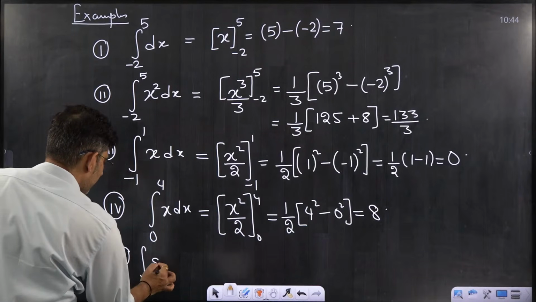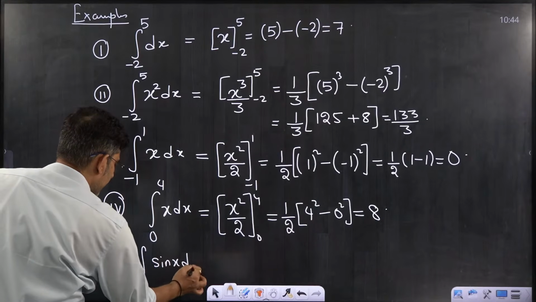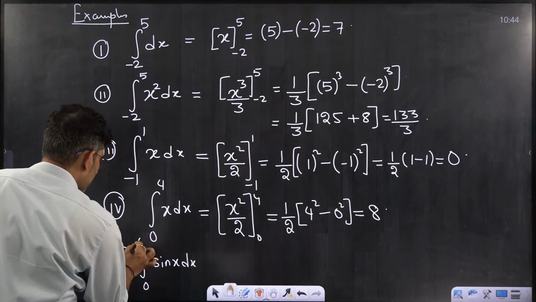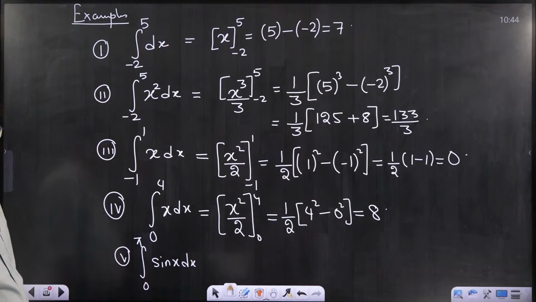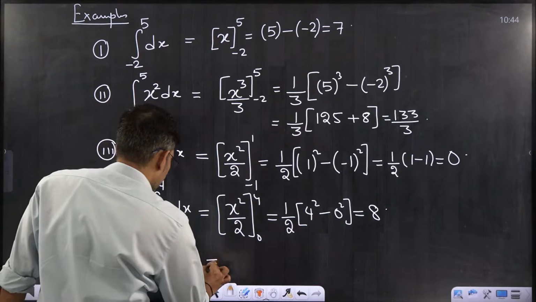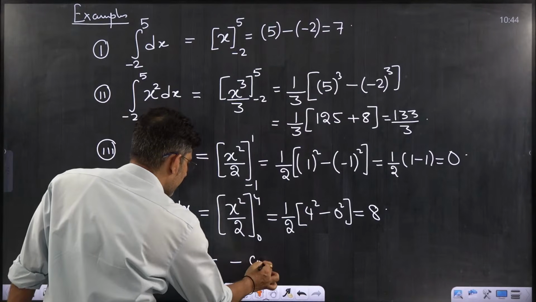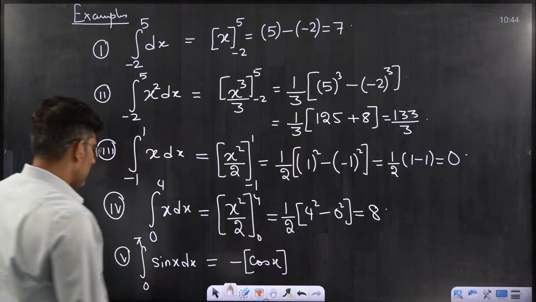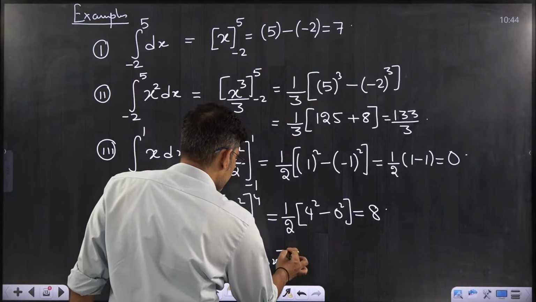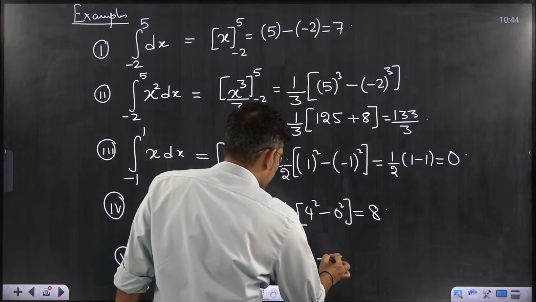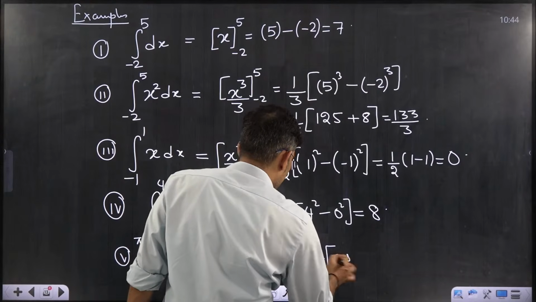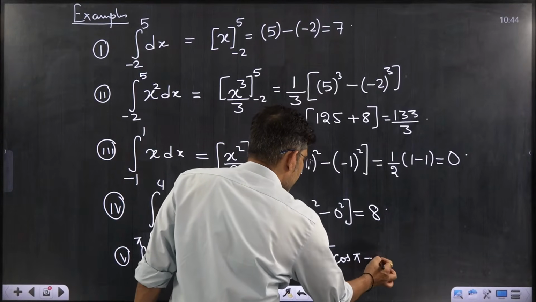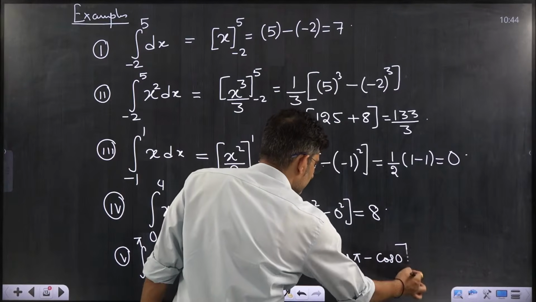If I take integration of sin x from 0 to pi, pi means 180 degrees. Now I am giving a range. I will say integration of sin x is minus cos x, very good. Minus outside. Now I will put 0 and pi, let's see. So I will put minus, first I will put cos pi, then minus cos 0.